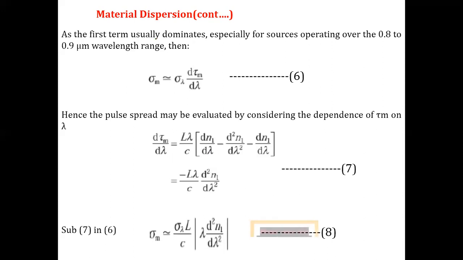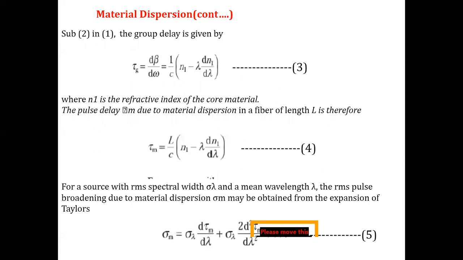So pulse broadening or pulse spread may be evaluated by considering the dependence of tau m on lambda. Therefore, this is equation 4, right? By differentiating, we will get d tau m divided by d lambda is equal to L by C, a constant, and we have to differentiate with respect to lambda.